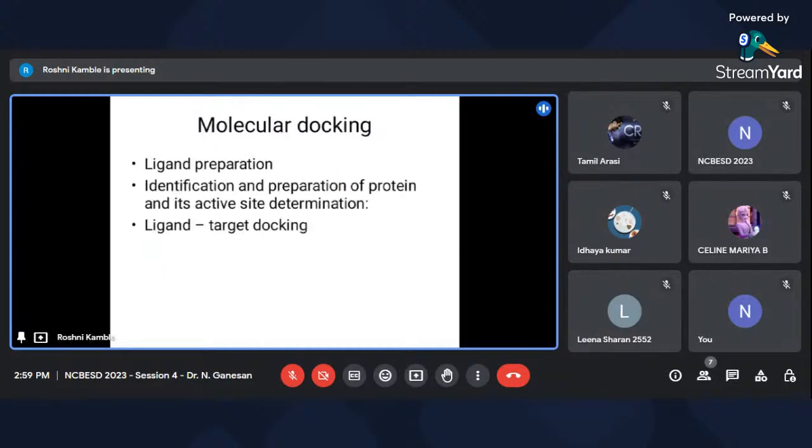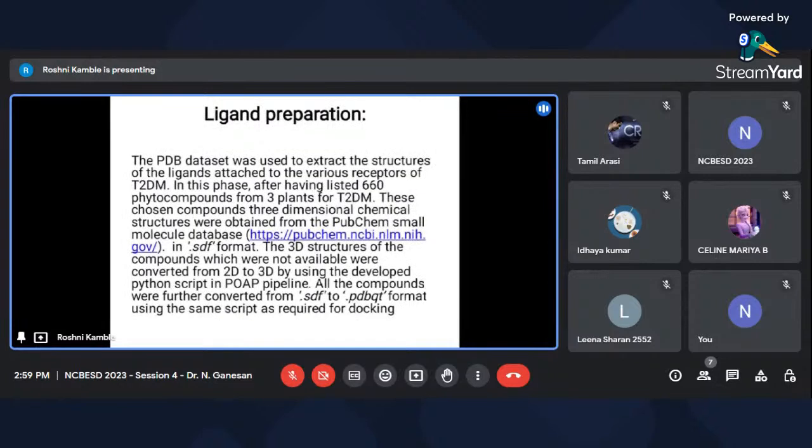Molecular docking was done. There are three steps, that is ligand preparation, identification and preparation of proteins and its active site determination, and ligand target docking. For ligand preparation, the PDB dataset was used to extract the structure of the ligand attached to the various receptors of type 2 diabetes mellitus.